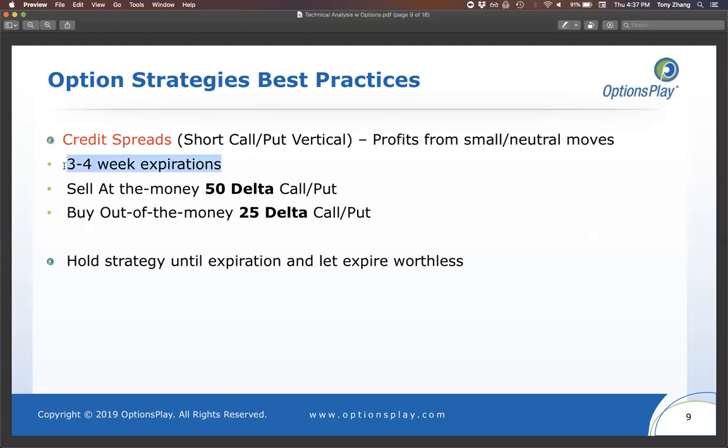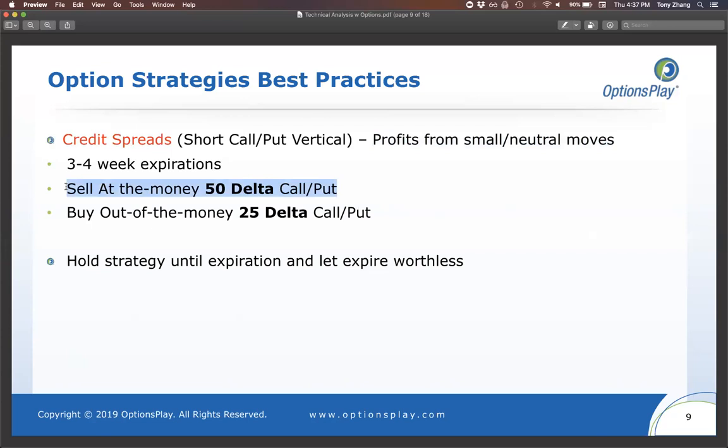And when you're selling credit spreads, you generally want to sell short-dated credit spreads. About 3 to 4 weeks out is usually a good starting point for selling credit spreads. You want to start off by selling an at-the-money call or a put, so roughly about a 50 delta call or a put. But selling a 50 delta call or a put by itself has unlimited risk, and you don't want to put yourself in that situation.